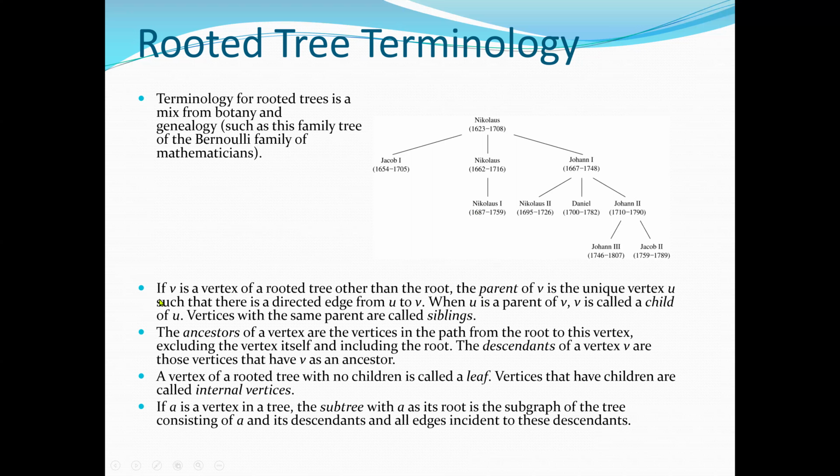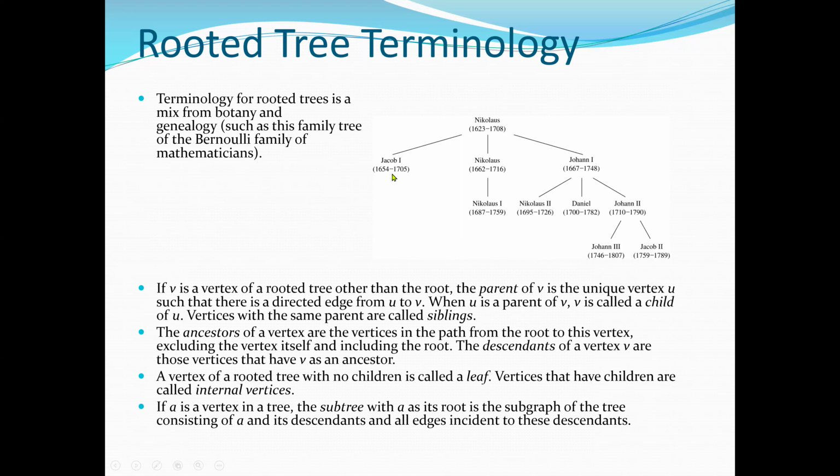Now we also say that if V is a vertex of a rooted tree other than the root, the parent of V is the unique vertex U such that there is a directed edge from U to V. When U is a parent of V, then we call V a child of U. So vertices with the same parent are called siblings.